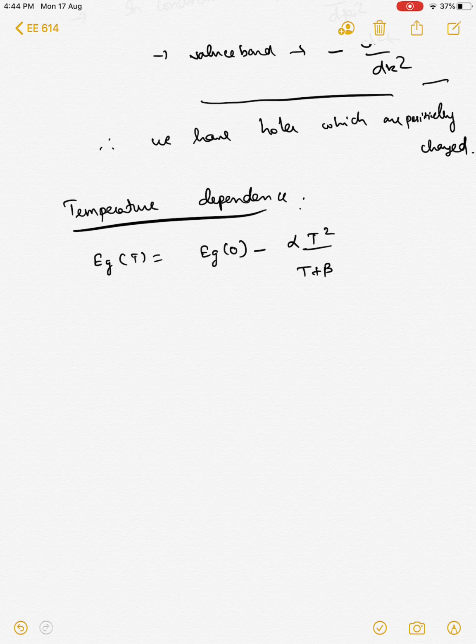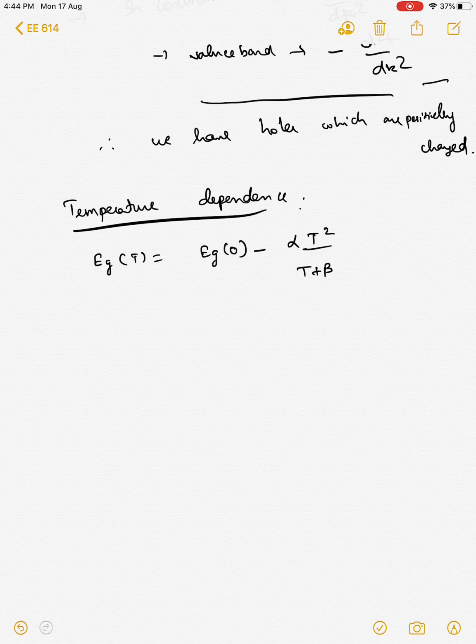The main reason for such behavior is that the lattice constants themselves change as the temperature changes. As you go to higher and higher temperatures, you have an expansion in the material.